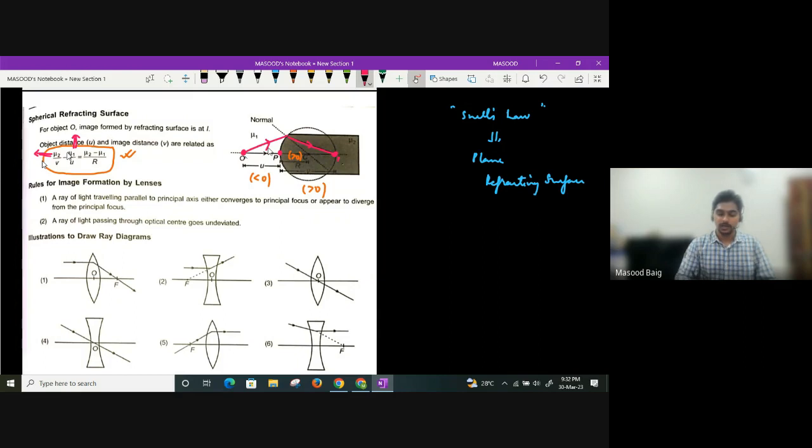R will be the radius of curvature. V and U are image distance and object distance respectively. Is that clear, everyone? This will be refraction at spherical or curved surfaces. Understood? Yes, sir.